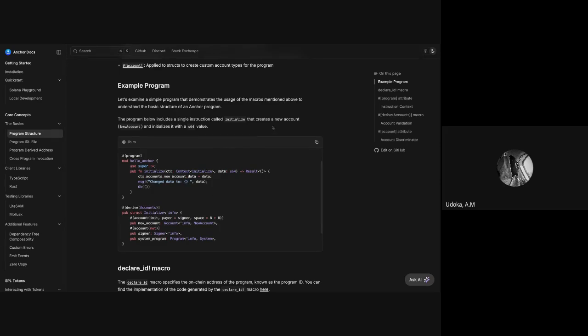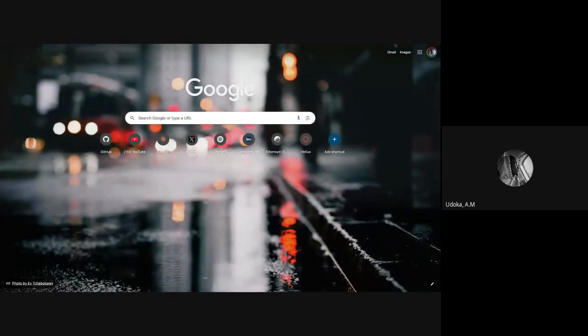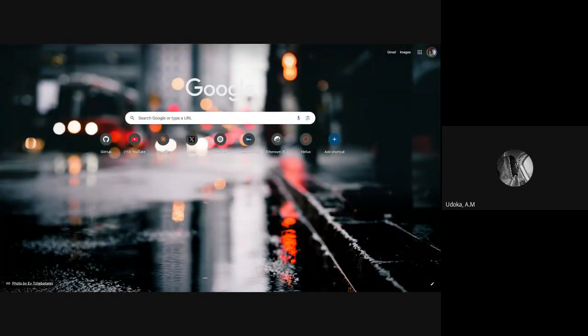So if you look at the actual Rust code, let's quickly look at something. I use Claude a lot.